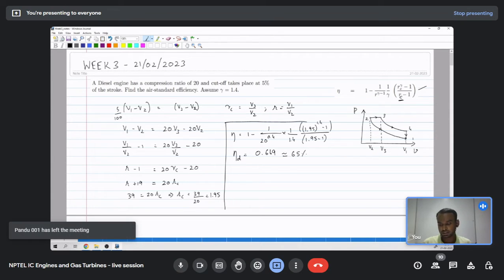So this is for the diesel cycle, air standard cycle.